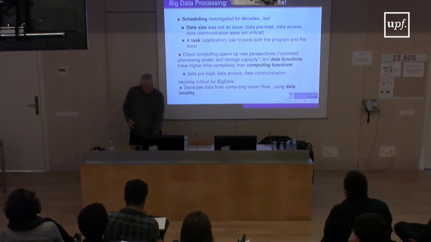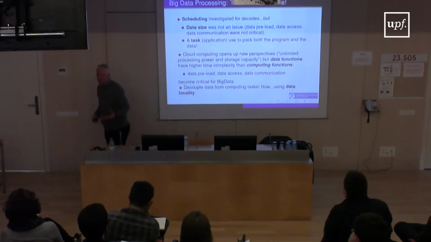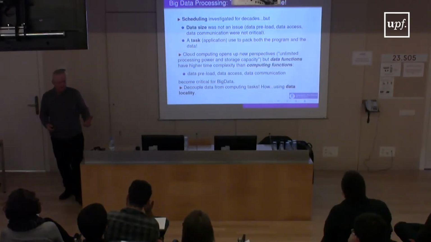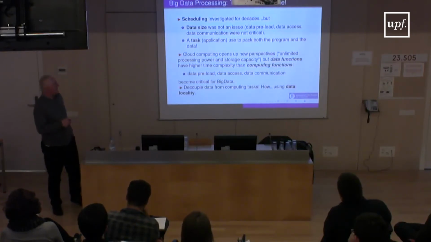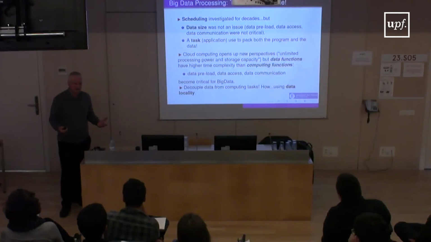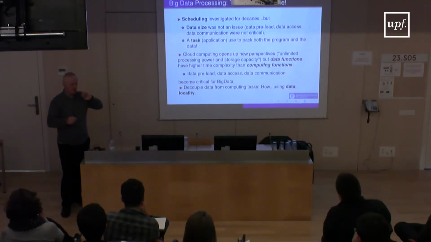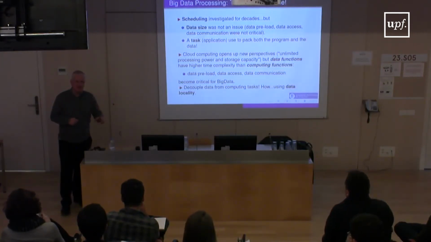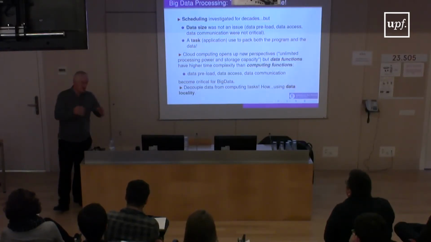So now, what has this big data to do with the meta-heuristics? Well, you have to run an application, you have to schedule that application that processes the big data, right? Traditionally, in distributed computing, when you said task A goes to machine B, task means that in the task you pack the program and the data, right?